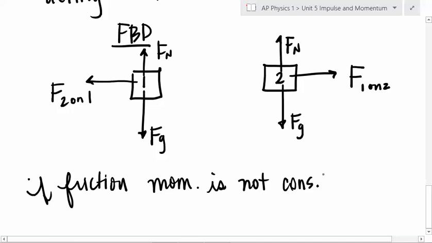It may be very, very close. It may be so close, though, that it's enough that we can prove something that we're looking for. So we use conservation of momentum in all kinds of scenarios in real life. And most of the time, the collision force is so much greater than the friction force that it's almost negligible.